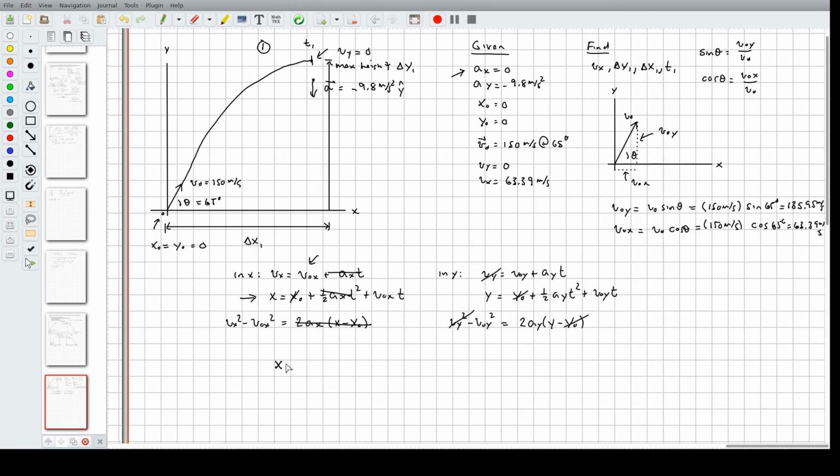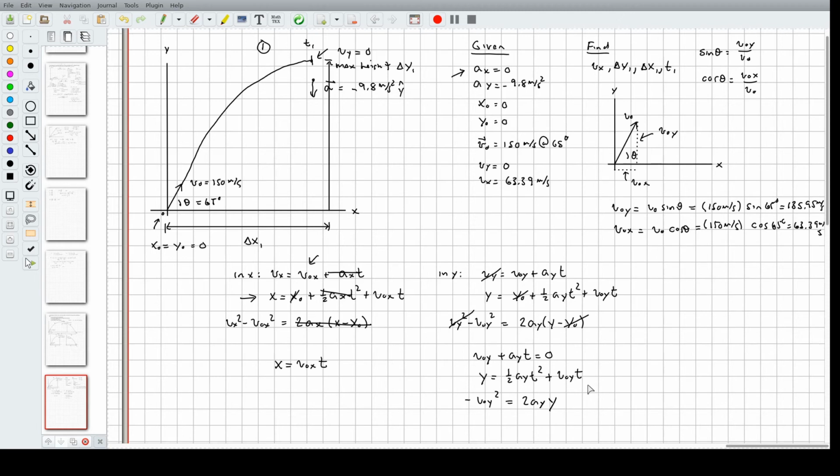So we have x is equal to v naught x times t from this side. And from this side over here, we have that v naught y plus ay times t is equal to 0. We have y is equal to 1/2 ay times t squared plus v naught y times t. And we also have minus v naught y squared is equal to 2 ay times y.